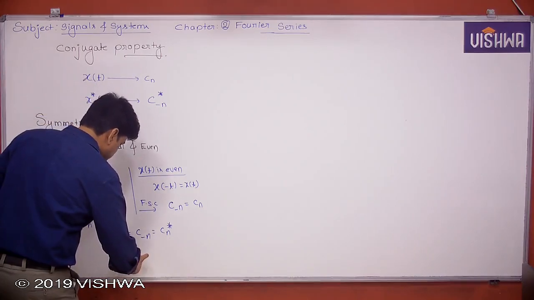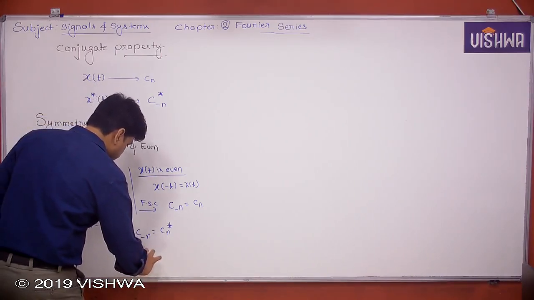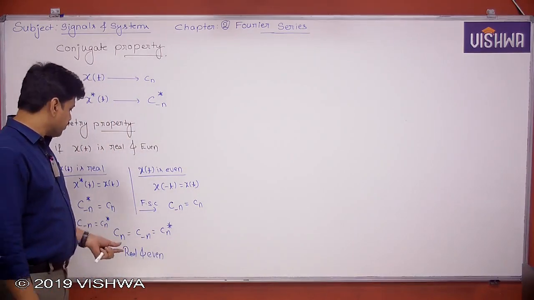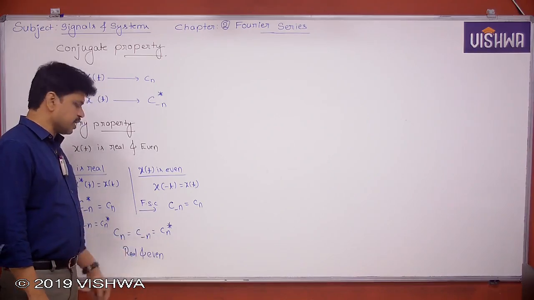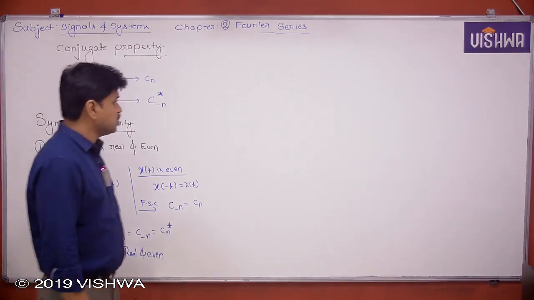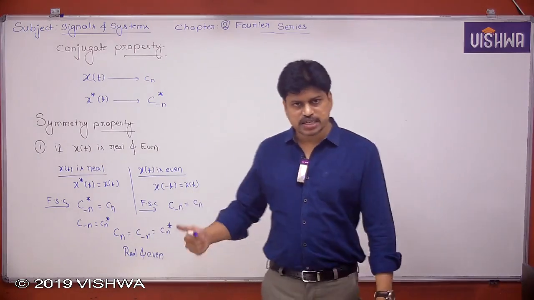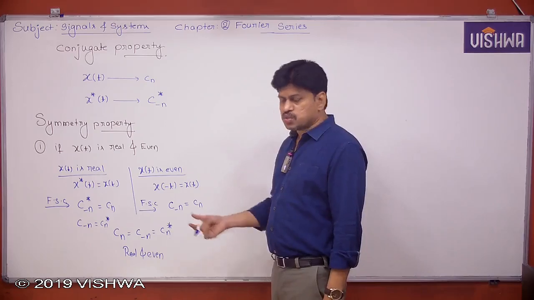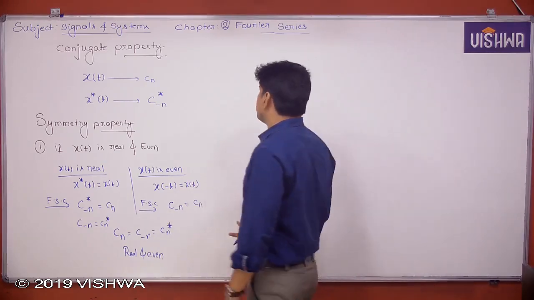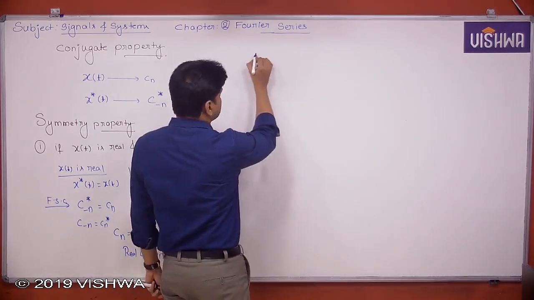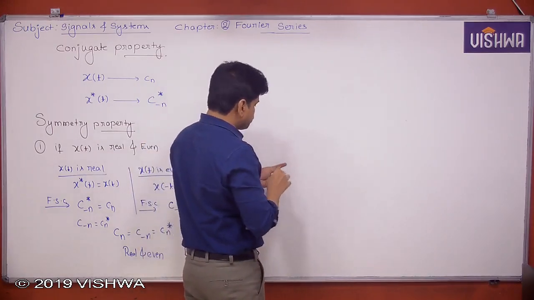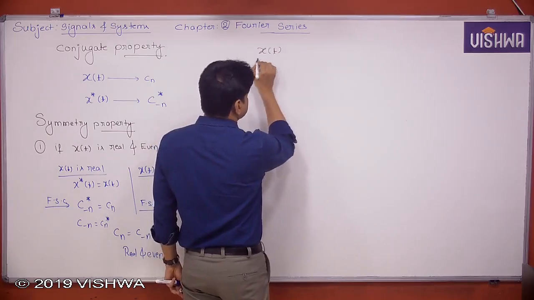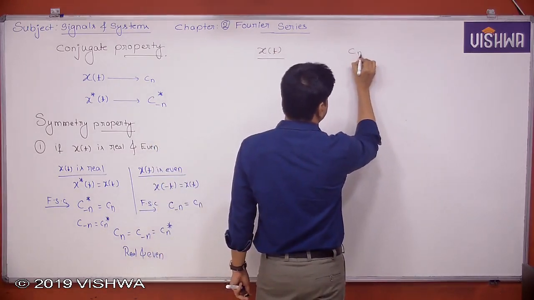So what I am trying to say is, if x of t is real and even, then definitely Cn is also real and even. Like that, we have real and odd, imaginary and even, imaginary and odd. We can derive them, but I am just giving you a table here. For x of t nature, what is the nature of Cn?